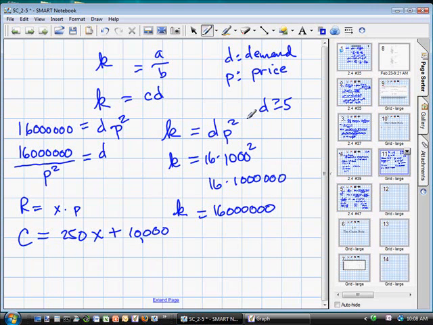Okay. I've already got the demand, but I don't have it in terms of X. I've got to think about how to get these letters right. Hang on a sec. We've got to get X in there.